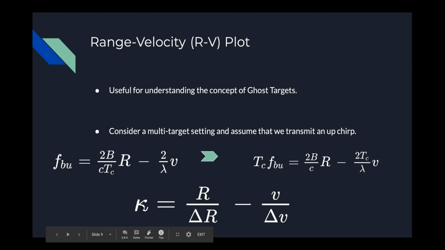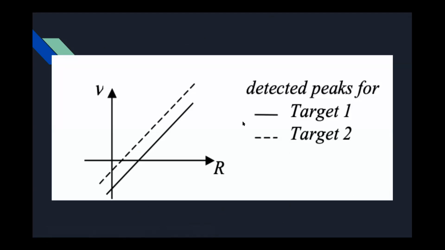For every beat frequency kappa, we get a particular straight line, which can be represented like this. So if there are two targets, then we get two straight lines in the RV space.